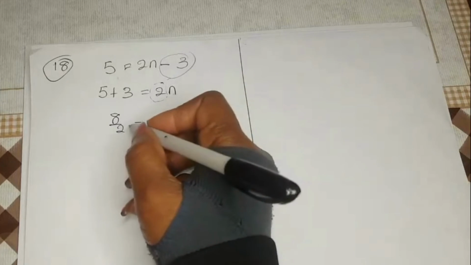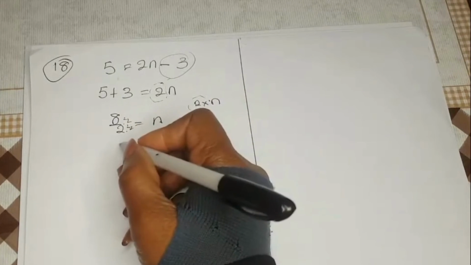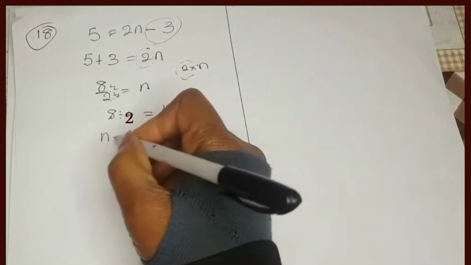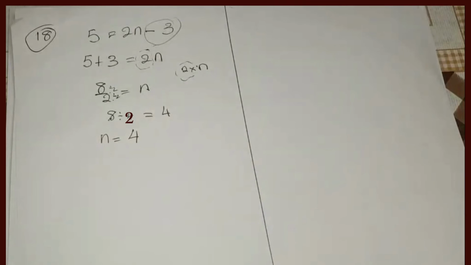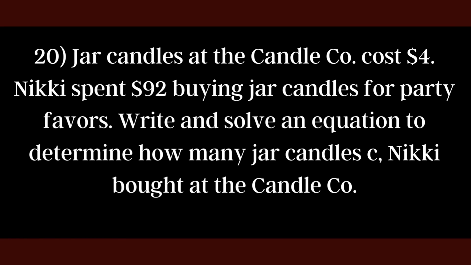So what will make a divide by 2 will divide by 2. 8 divided by 2, n has found a name. Our n is 4.